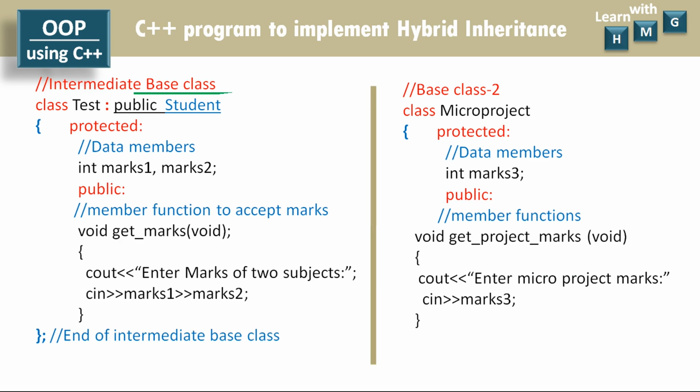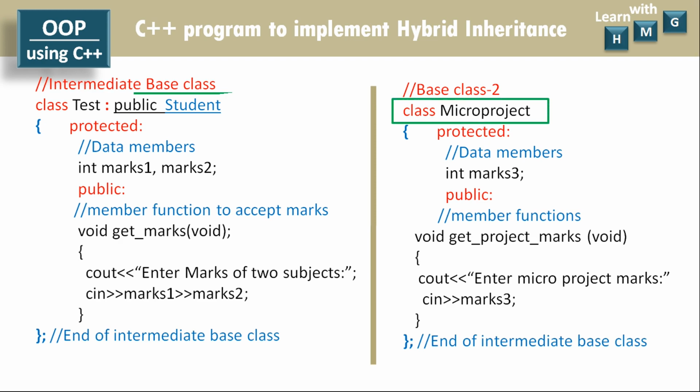So simple input operation is there, and again there is no output operation because the calculations we are going to perform in next class, that is in the result class. So let us end the base class. So this microproject base class is independent, which is not derived from any other class.